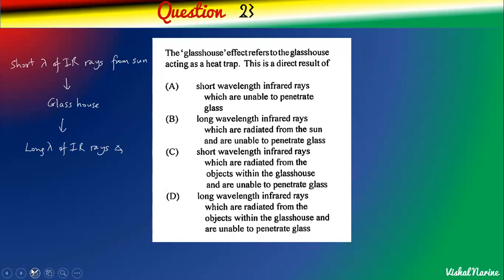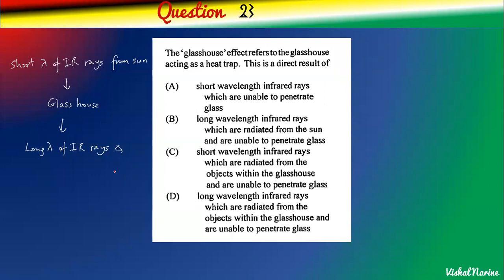All right, so I wrote a little note on the corner there. This is basically what happens in a glass house. We have short wavelength infrared rays coming from the sun. They pass through the glass and enter the glass house. Inside the glass house, the objects there gain that heat energy and are heated up, and they form long wavelength infrared rays. And these rays cannot escape back through the glass.